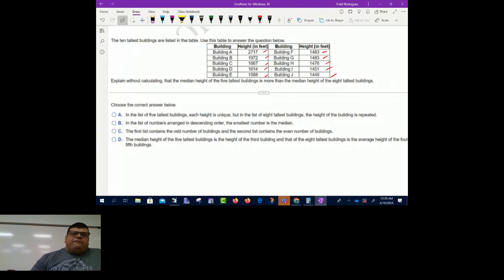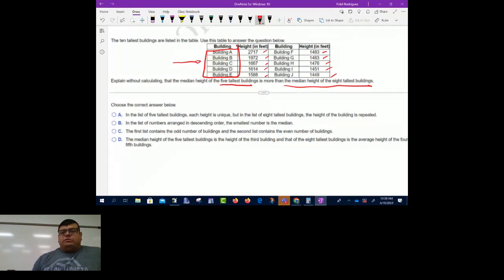Okay, so look, y'all, if we have the 10 buildings and they're already in order, right? Why would the median height of the 5 tallest buildings be more than the median height of the 8 tallest buildings? So look, y'all, if we're looking at the first 5, right? Wouldn't the first 5 be that number right there? That would be the median.